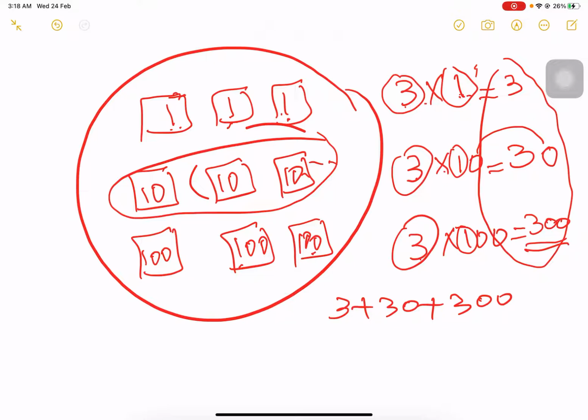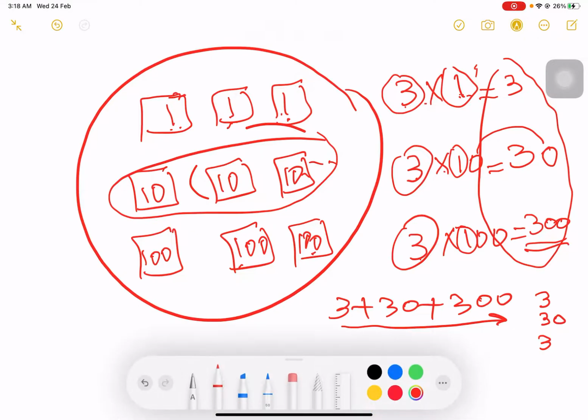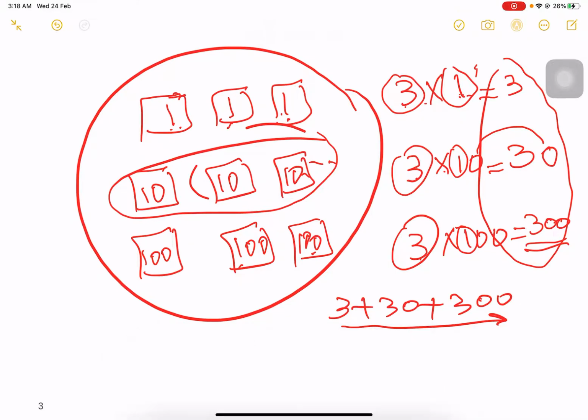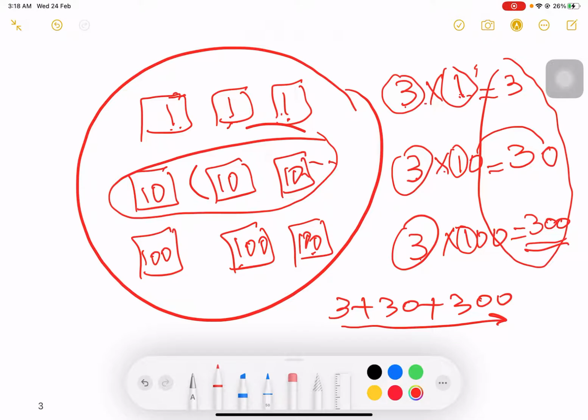If I add this kind, we call it horizontal. I can put them under each other. 3, 30, 300. No, sorry, I arranged them wrong. Okay. Now I will write, it's a 3, then 30. It's 3 in the ones, then 30, look how the 30 will come, then 300.